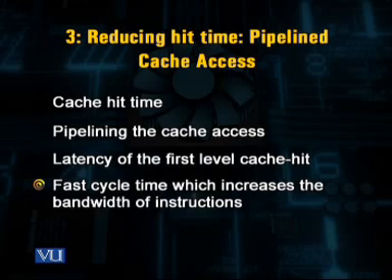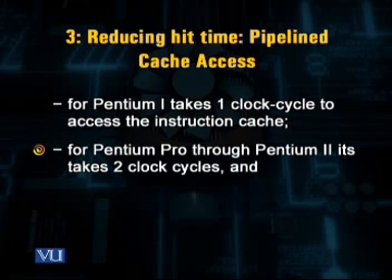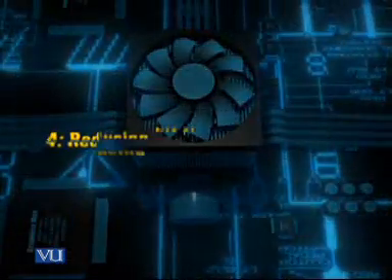For example, the pipeline for Pentium 1 takes 1 clock cycle to access the instruction cache, and for Pentium Pro through Pentium 2 it takes 2 clock cycles, and Pentium 4 takes 4 clock cycles. This split increases the number of pipeline stages, which leads to a greater penalty on mispredicted branches only.